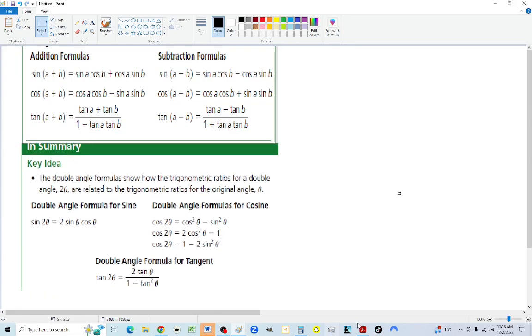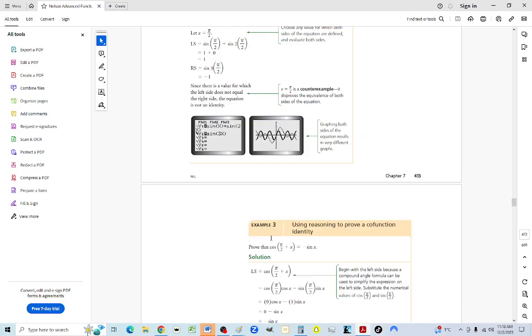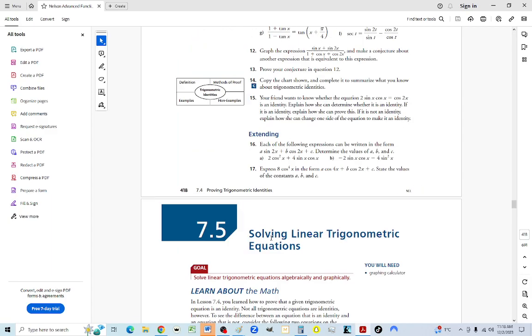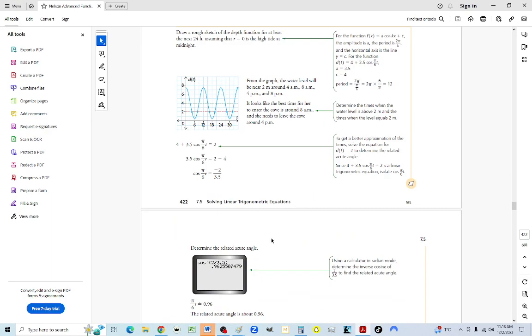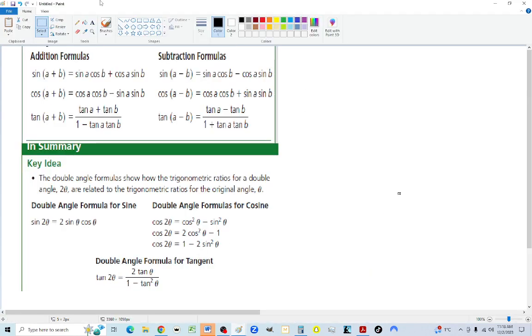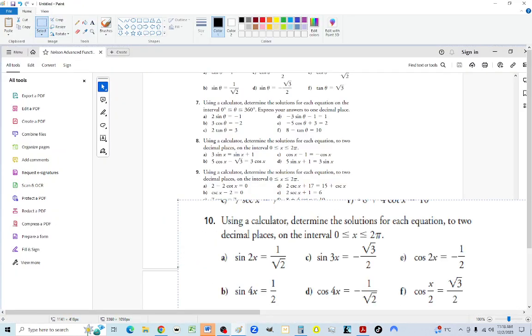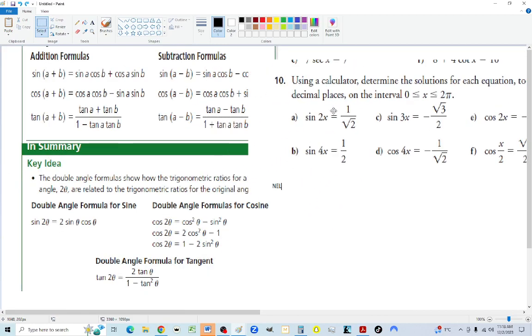So going back down to this, I think we're at number 10. How do you solve these? Put them over here. Number 10. First of all, it says use a calculator. So always read well.